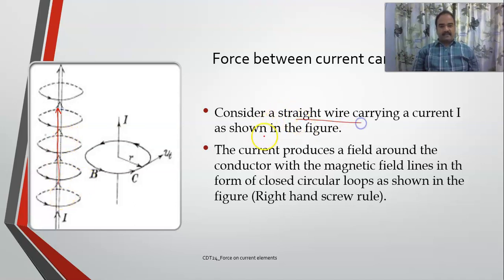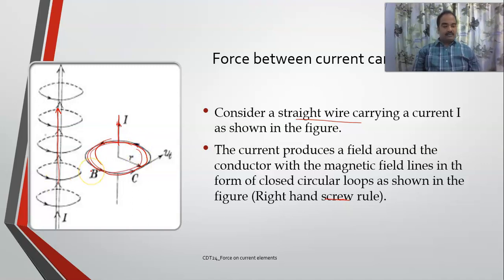Consider a straight wire carrying a current as shown in the figure. The current produces a field around it, shown with the magnetic lines. They will be in circular fashion, given by your right hand thumb rule or screw rule, whatever you call it. So if this is the current, then this is the magnetic field direction.